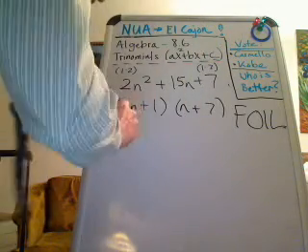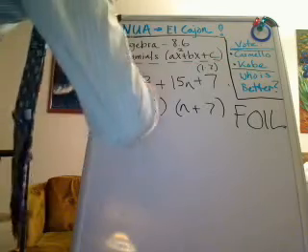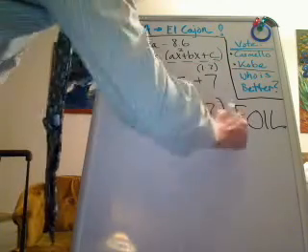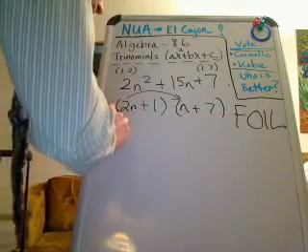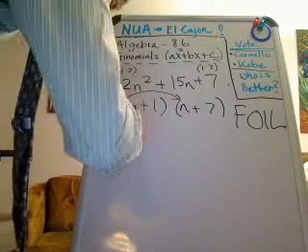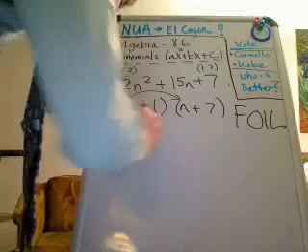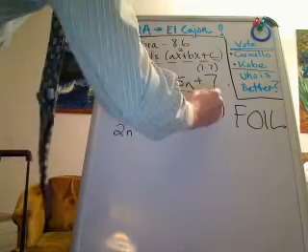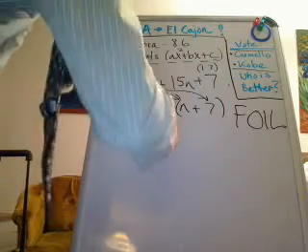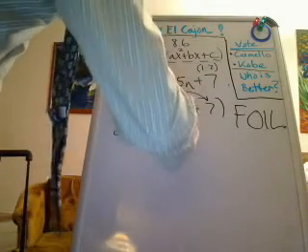So 2n times n is, for my first step, 2n squared. And my outside, 2 times 7 is 14, plus 14n.